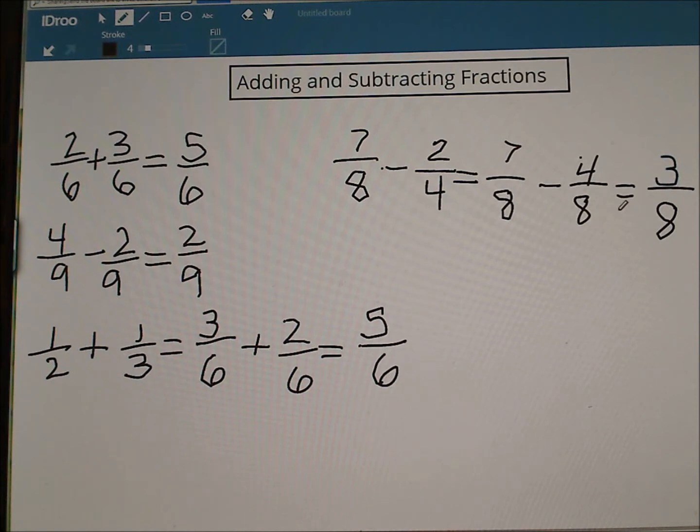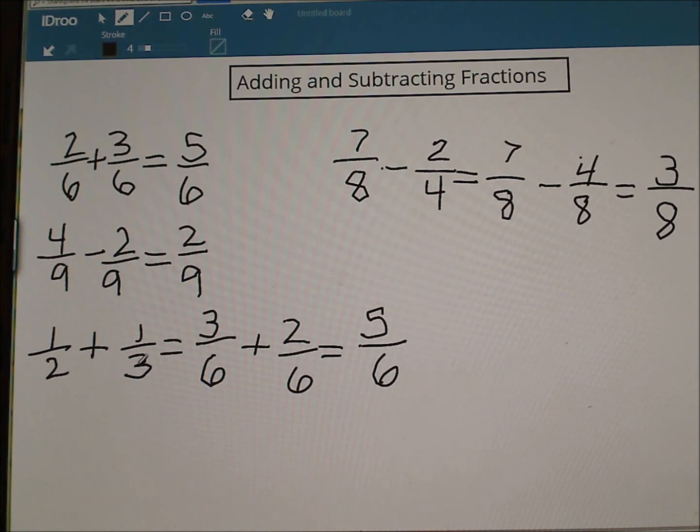So let's review what we've done. We established that a fraction is a part of a whole. The part is what we call the numerator, which is the top portion. And the whole is what we call the denominator, which would be the bottom half. Before you can add or subtract your fractions, you must have a common denominator. If your denominators are the same, your answer will also have that same denominator, and all you need to do is add or subtract your numerators.